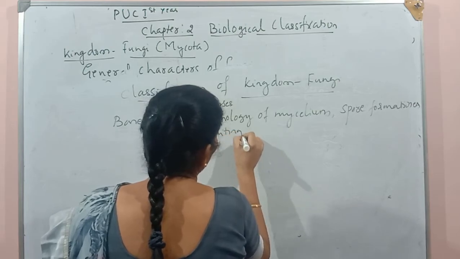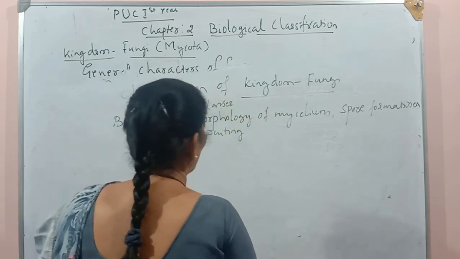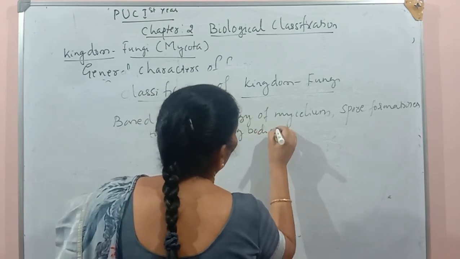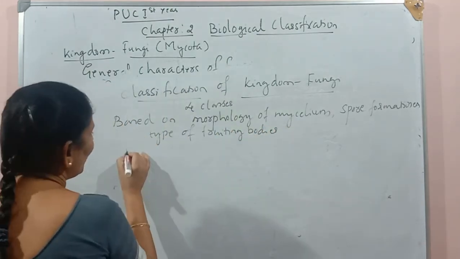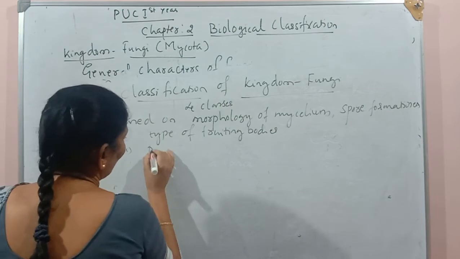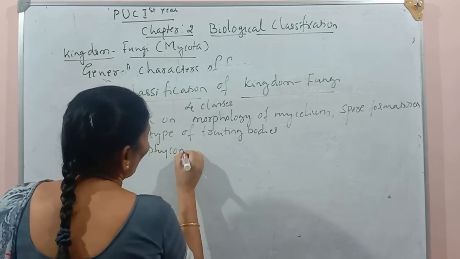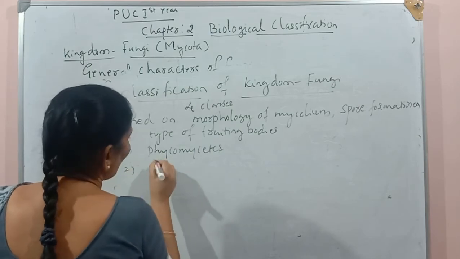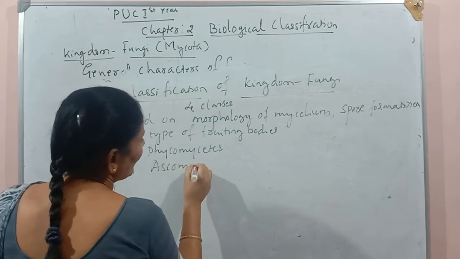So these characters are considered in classifying the kingdom fungi. There are 4 classes. One is Phycomycetes. Second one is Ascomycetes.